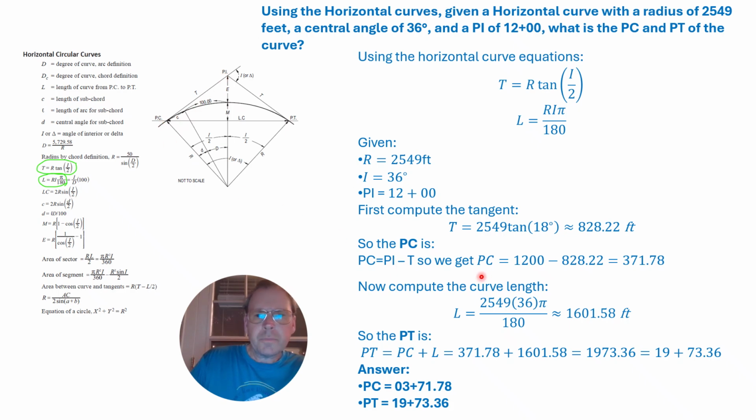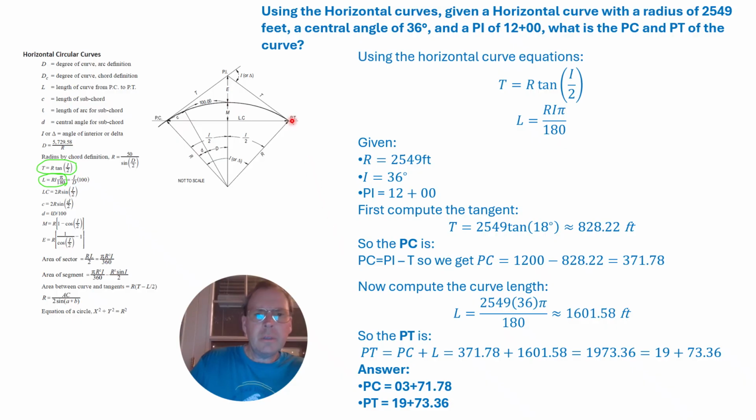So I take the PI, and I'm going to convert it from the stations to regular form, 1200, and then minus the tangent distance there, so you get 371.78 feet. And now compute the length of the curve with this formula up here, and you get 1601.58 feet.